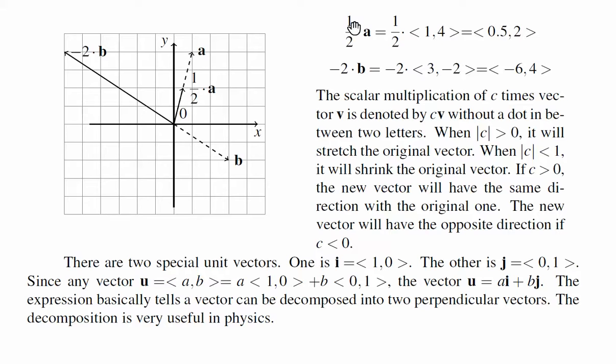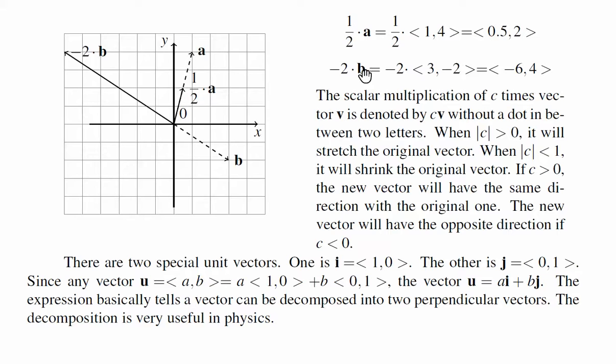In this case, the original vector a is shrunk to half of the previous vector. The magnitude of the vector is half of the previous vector, but the direction is the same.